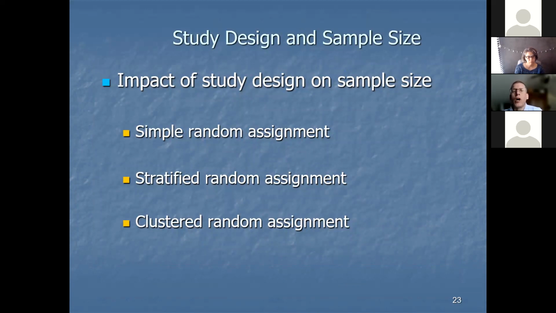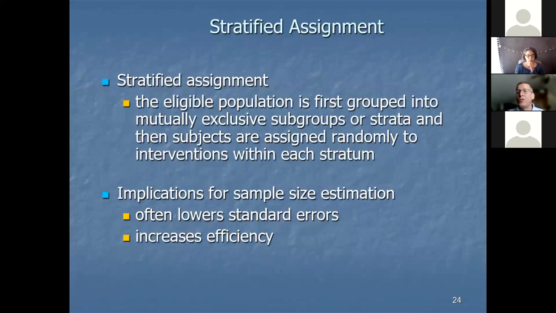So let's just talk quickly about the impact of your choice of study design on your sample size. And what I want to compare is your typical individual level randomization with either a stratified random assignment or a clustered randomization.